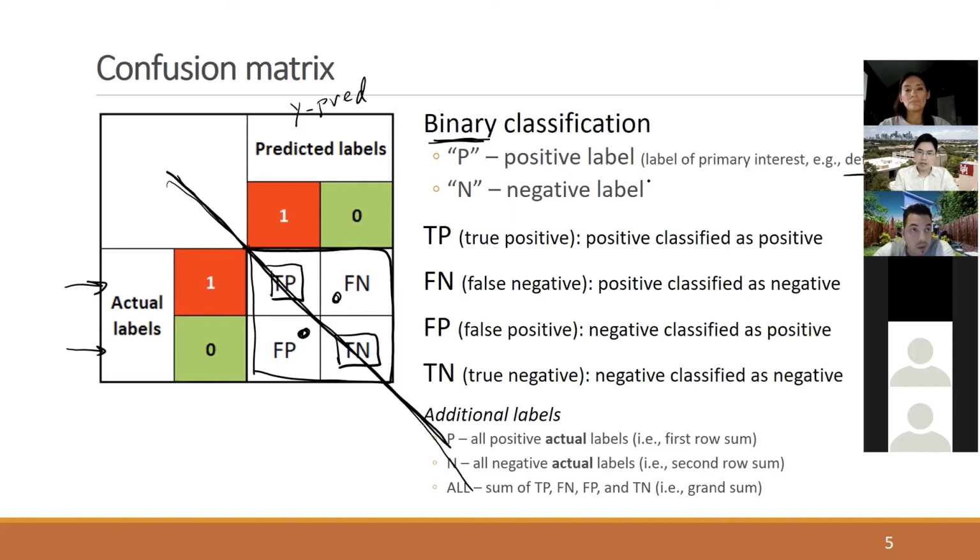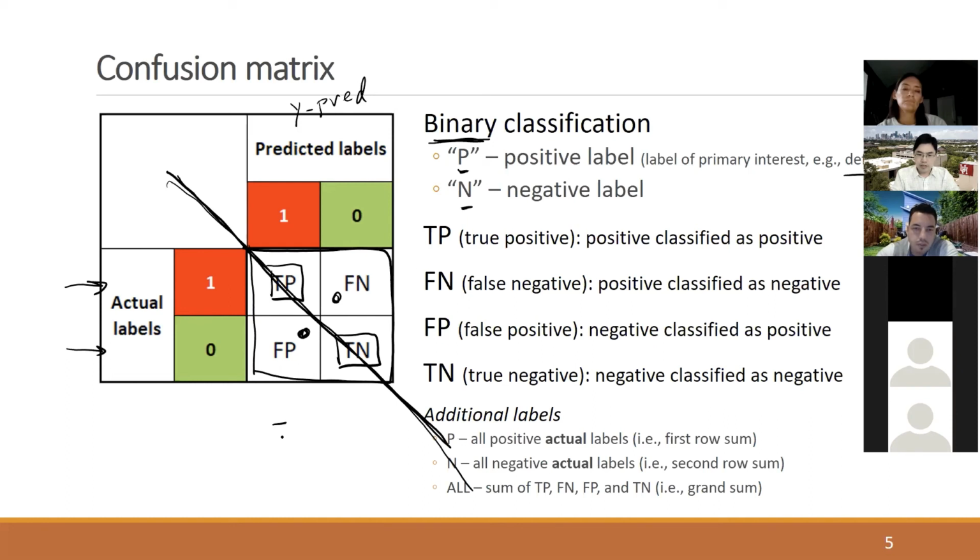Churn is non-desirable, but it's a positive label. But in other cases, you have donation, and detecting a donor is a desirable outcome, but still that is the positive label, positive outcome, because that's the primary interest outcome. So we'll use P and N to denote the different outcomes. P and N refer to the label of the customer or label of the event.